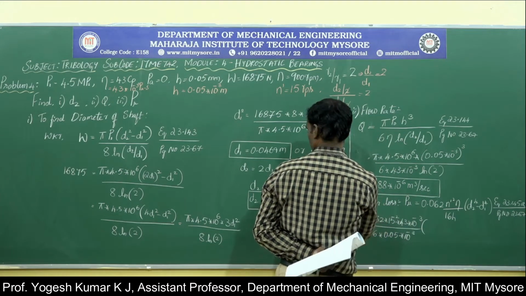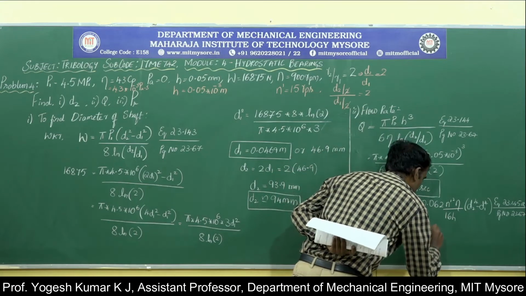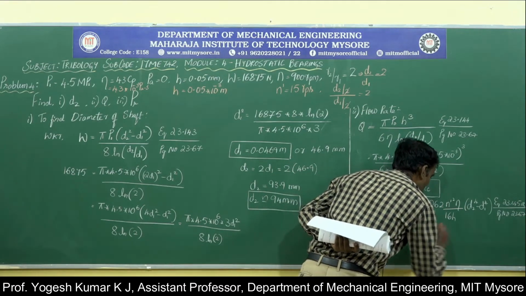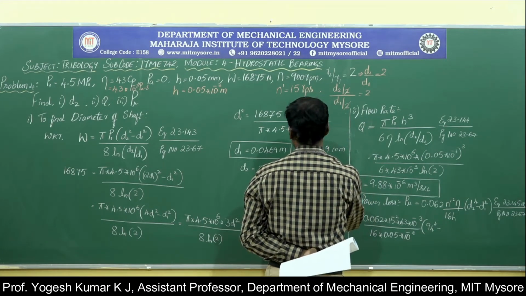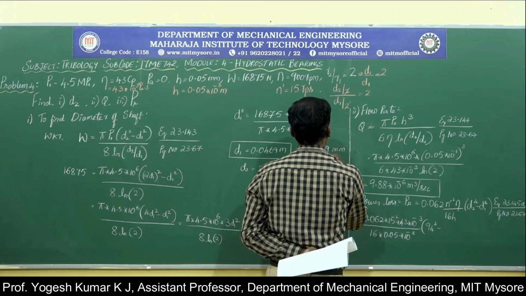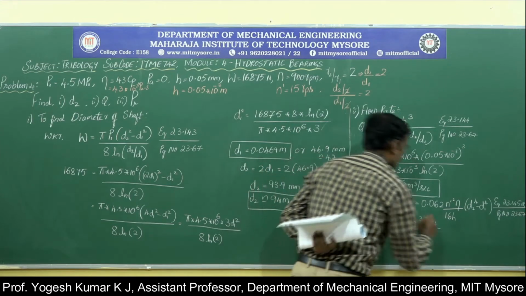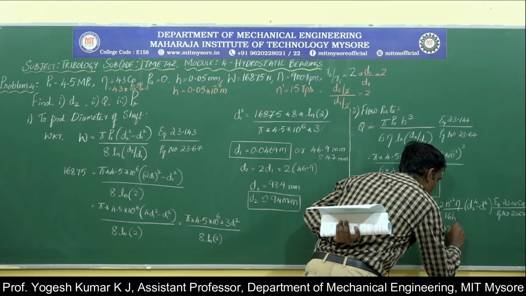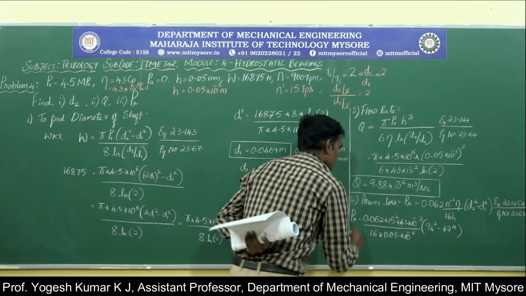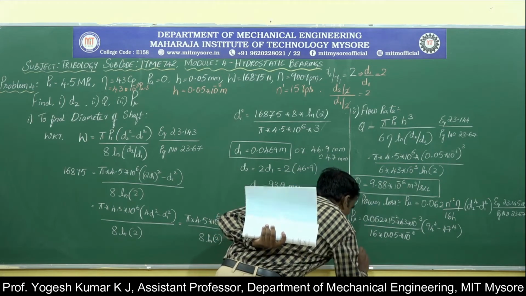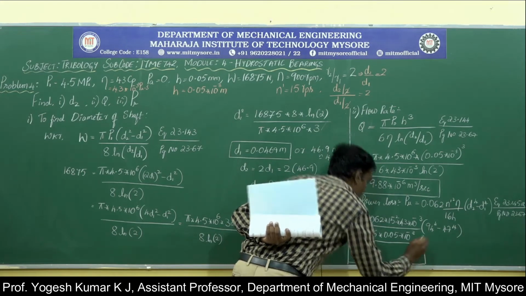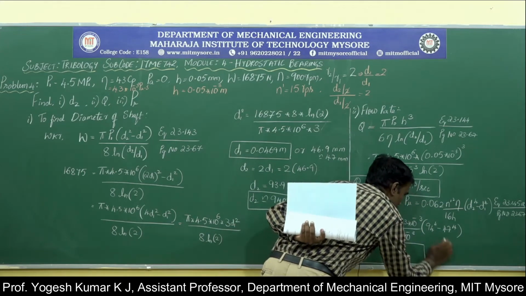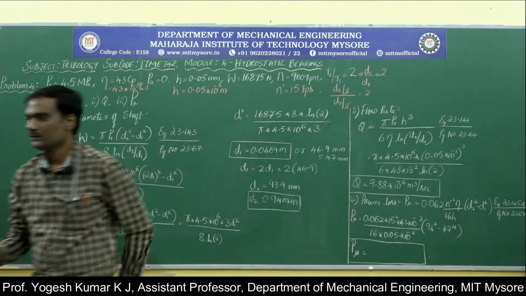D2 is 94 to the power of 4 minus D1. D1 also we can approximate to 47 mm, 47 to the power of 4. So on calculation, we get the power loss in terms of kilowatts.